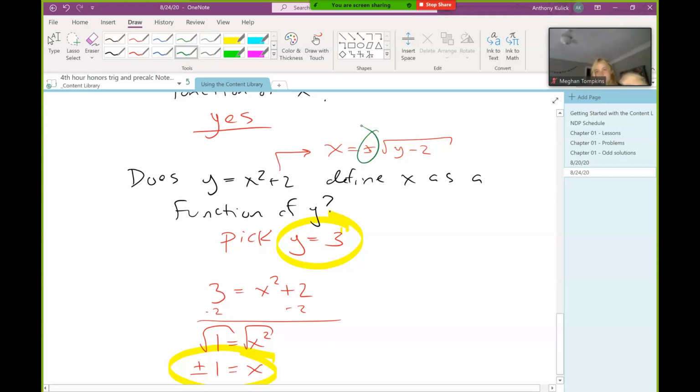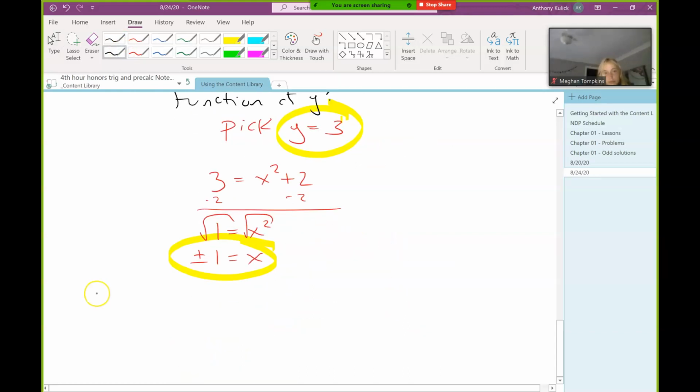And whenever you get a plus or minus going on, when you've done your rearranging to get the independent variable by itself, that's going to be an indicator that it's not a function. Everybody's okay with that idea? Cool.